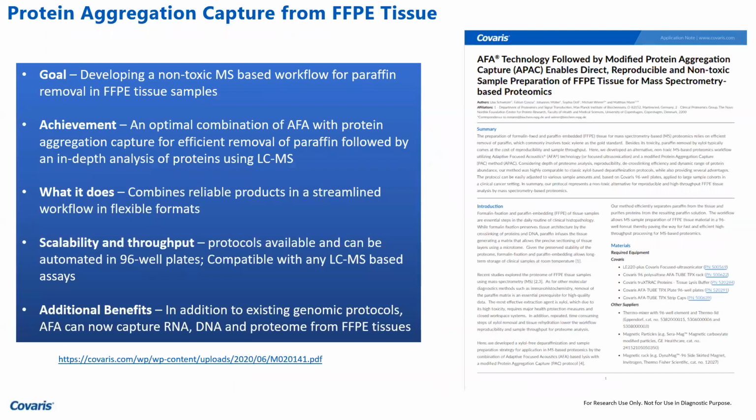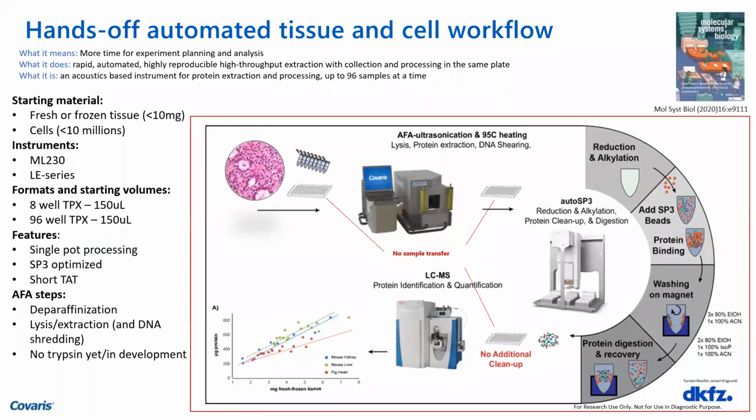So with Matthias Mann, we have got a publication out in 2020. He calls it APAC. It doesn't stand for Asia Pacific. It stands for AFA-assisted protein aggregation capture, right? So what he has done is basically, he's worked with fresh frozen tissues, FFPE tissues, all of those kinds of things. So he takes those, does that whole thing, the entire protein purification, isolation, and digestion workflow on an automated platform, which is the Agilent AssayMAP Bravo.